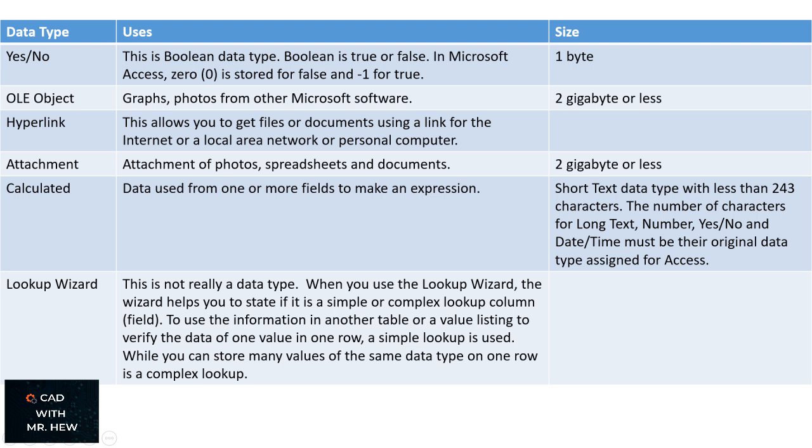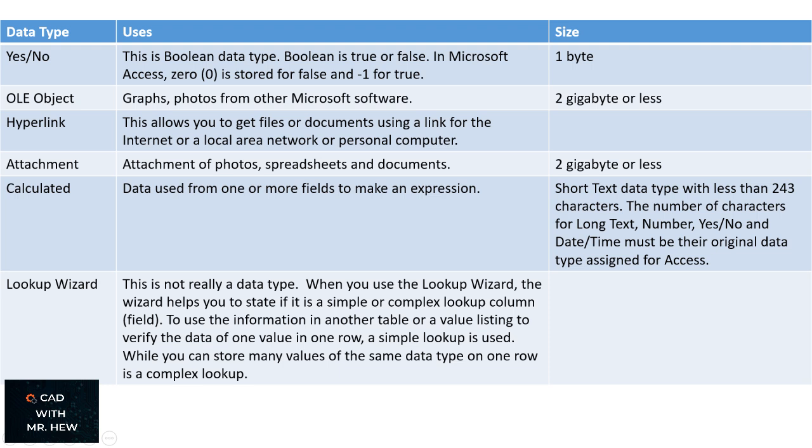Calculated data uses one or more fields to make an expression, and I'll show you in the next 2 slides how I use a calculated field, right? So we have short text data type with less than 255 characters. That means we're looking at the size and the number of characters for long text, number, yes or no, and date and time must be according to their original data type assignment that Access assigns for these.